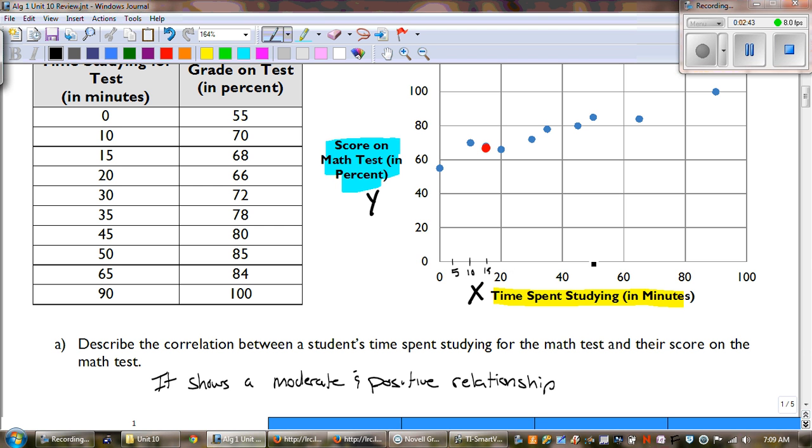So let's see, that would be 50. So if I cut that in half, 45. So let's go up to 45, 80. So that's what they're telling me is the line of best fit. Okay, so between those 2 points, you should draw your line.